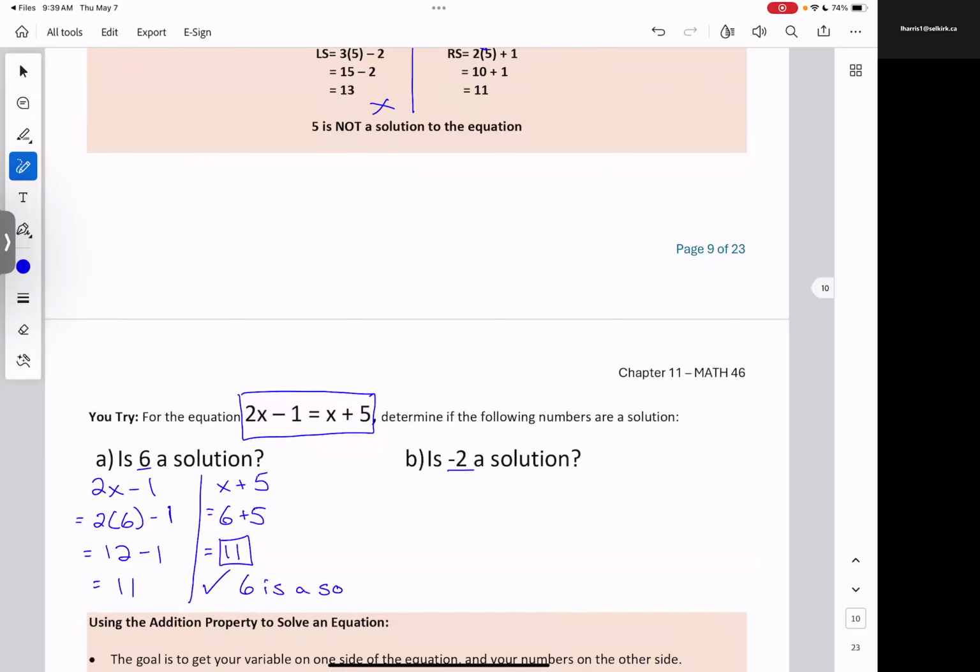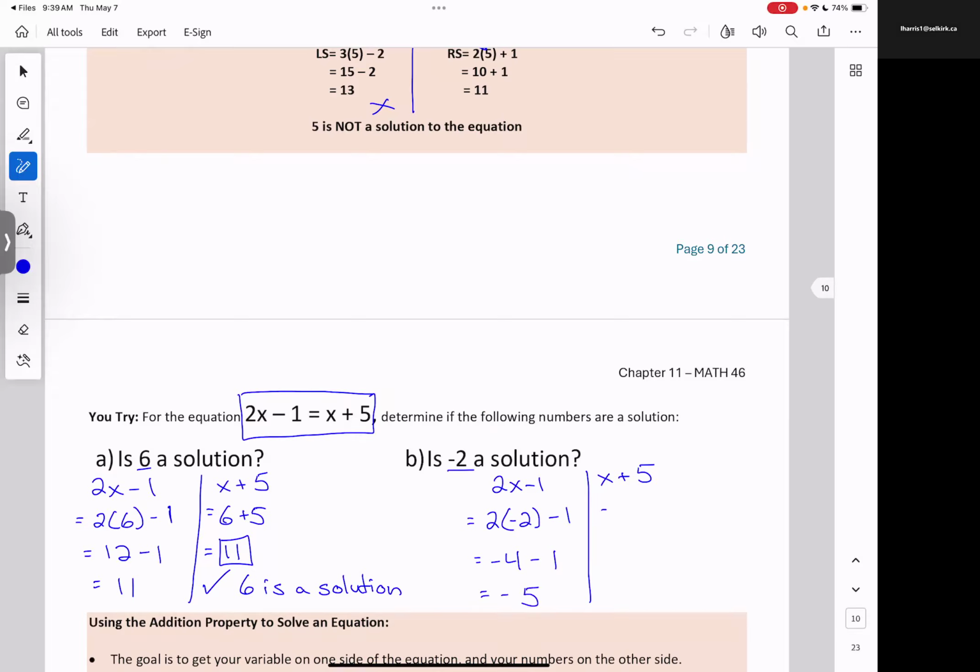Now, I already told you that we only get one solution for a linear equation, so we could probably stop right there. But let's try the next one and see if -2 is the solution to this equation. So we've got 2x minus 1 on the left and x plus 5 on the right, and we're going to substitute in that -2 for x. So on the left, that would give us 2 times -2 minus 1, which is -4 minus 1, which is -5.